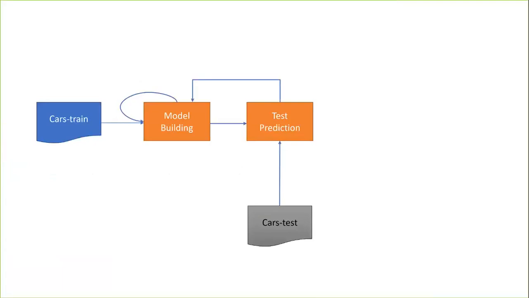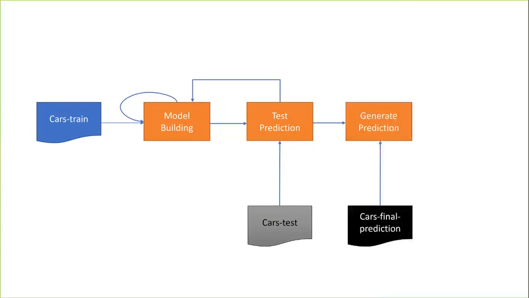Based on the prediction, you'd probably go back to model building, tweaking the parameters, tweaking the model, or maybe even using a different technique altogether to get a better prediction, a better accuracy.